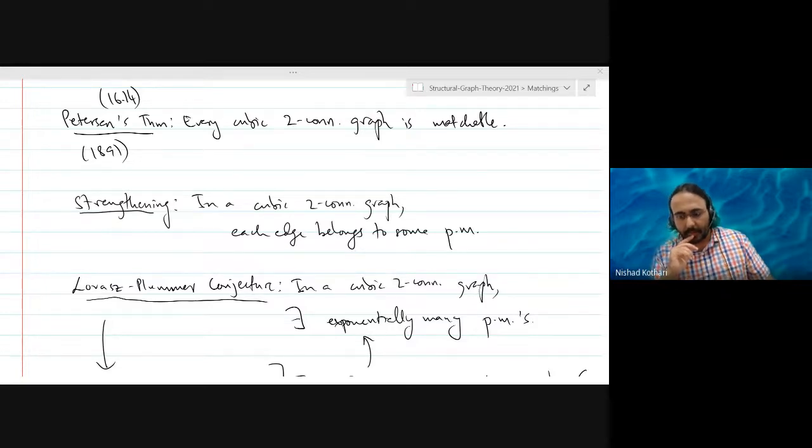So if you would like to know more about Hamiltonicity, we can do that, or we can do matchings. I'll do whatever the majority chooses. I'm going to put a post on WhatsApp and ask everyone to respond by tomorrow morning, 9 or 10 a.m. And then we will be covering whatever the majority vote is.